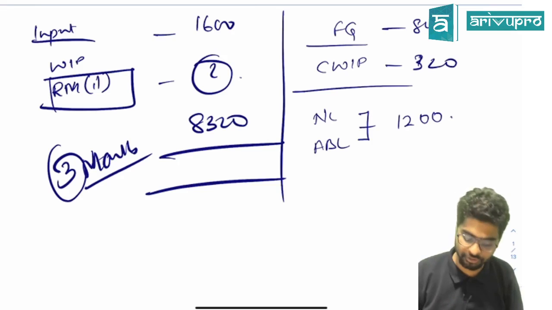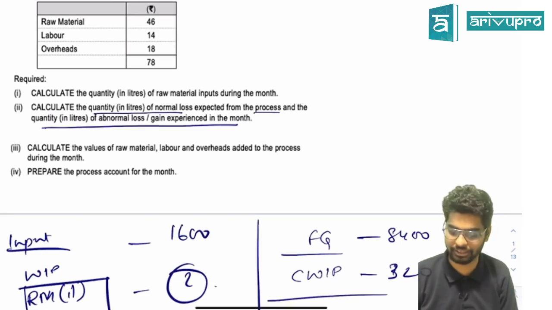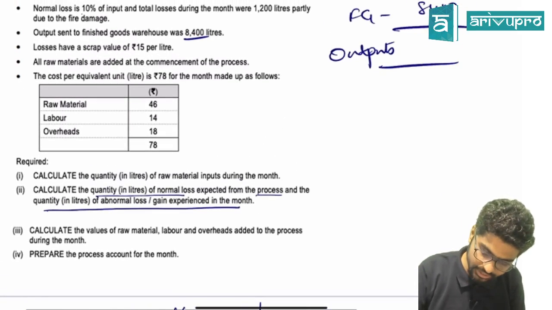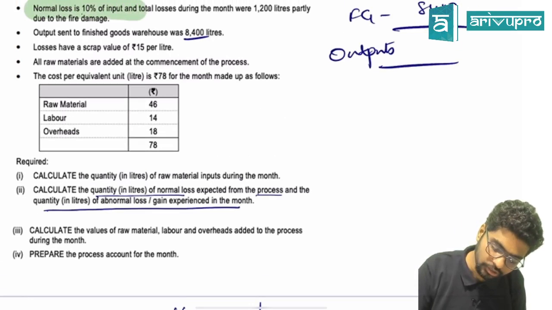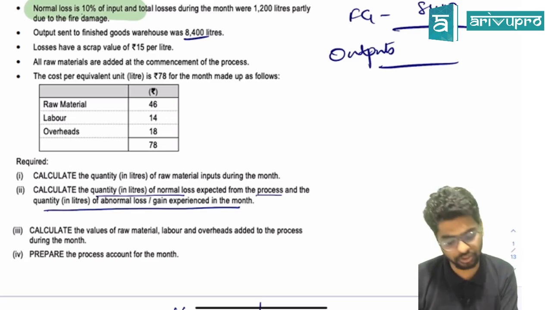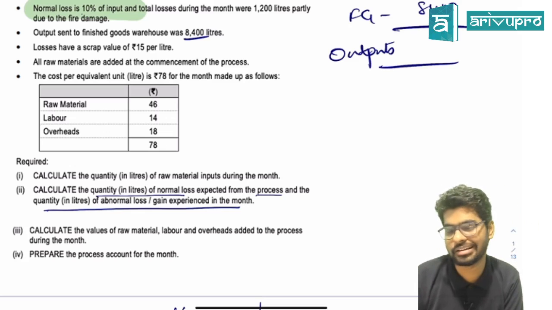Now the second part of the question: calculate the quantity in liters of normal loss expected from the process and the abnormal loss or gain. Now what are they saying regarding the normal loss? 10% of the input. Correct?